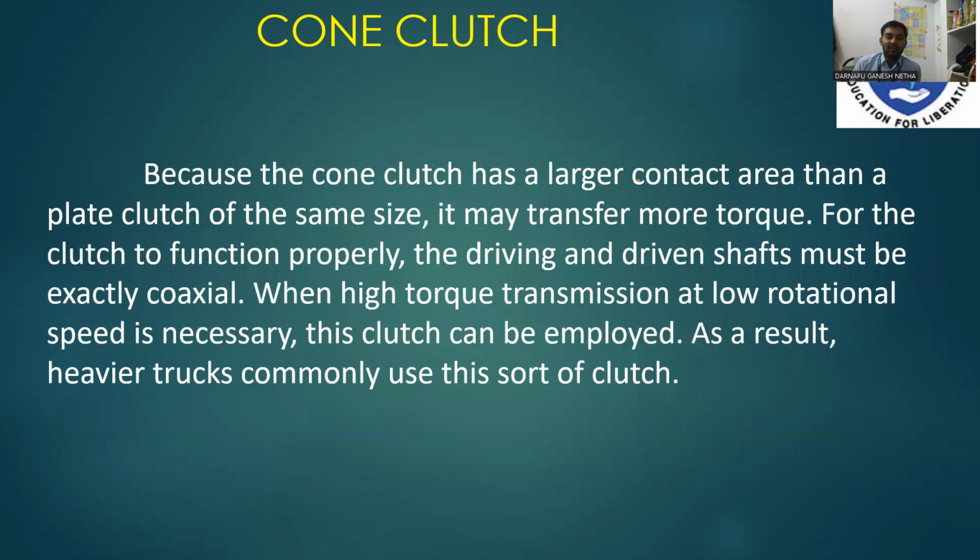Because the cone clutch has a larger contact area than plate clutches of the same size, it may transfer more torque. For the clutch to function properly, the driving shaft and driven shaft must be exactly coaxial. Where high torque transmission at lower rotational speed is necessary, this clutch can be employed as a result. Heavier trucks commonly use this sort of clutch.